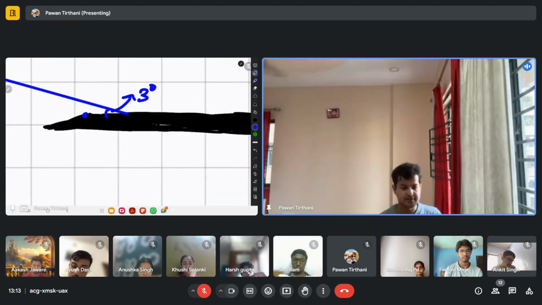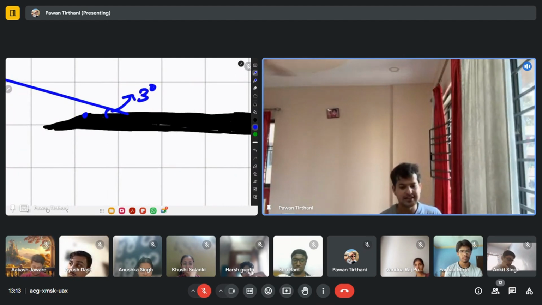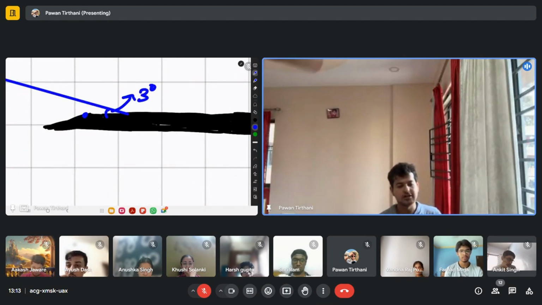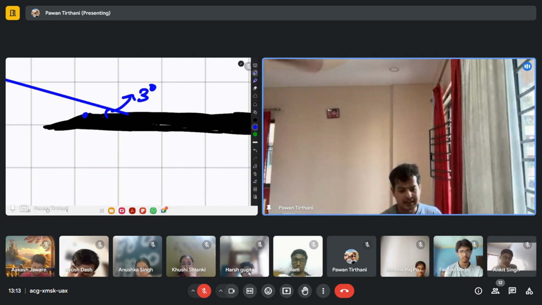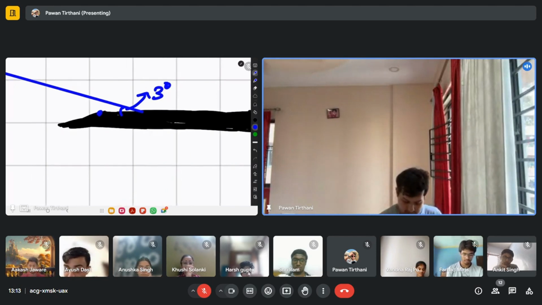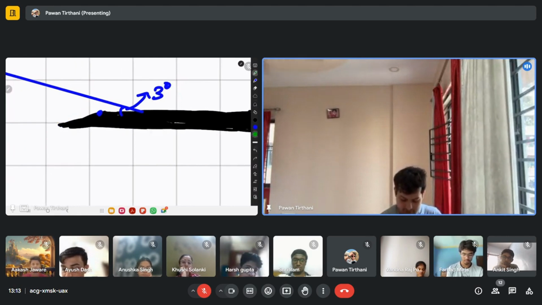This is the reference. This is also known as the standard glide slope, a glide slope of 3 degrees. And this is what we call the threshold, the end of the runway.